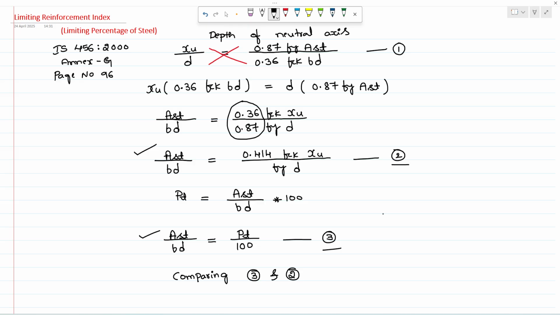Okay. So next we will further simplify it. So it can be written as pt divided by 100 equals 0.414 fck Xu divided by fy into d.